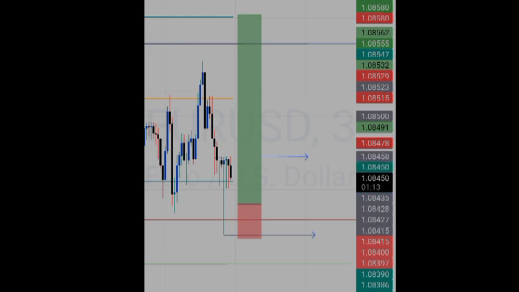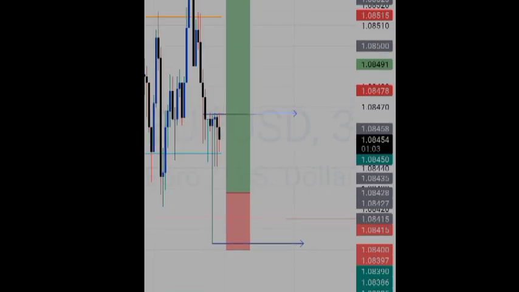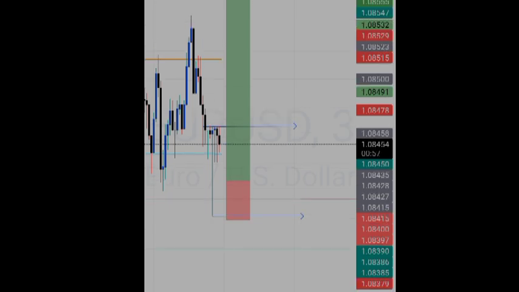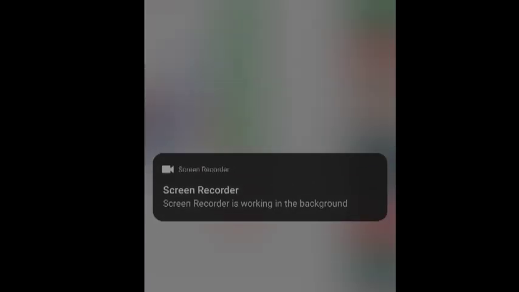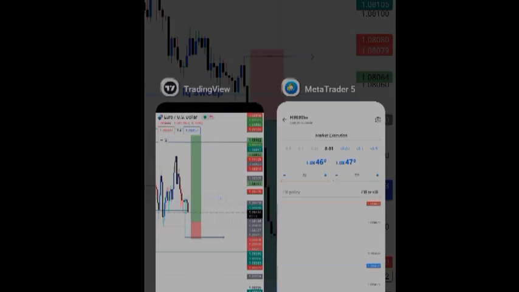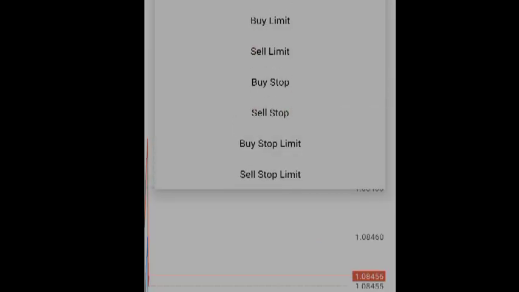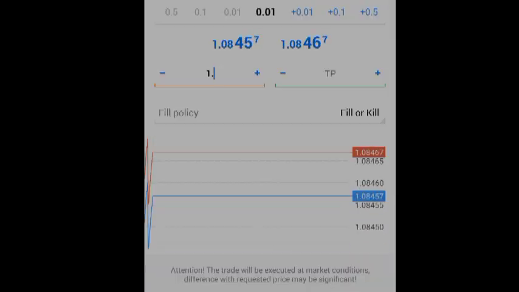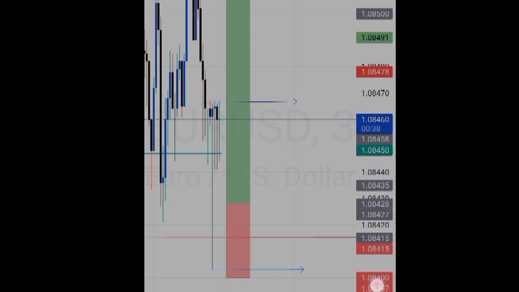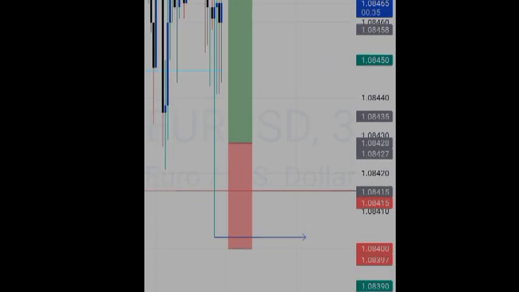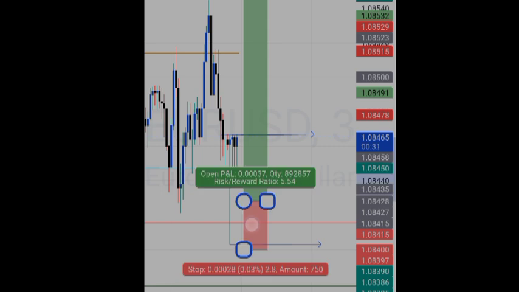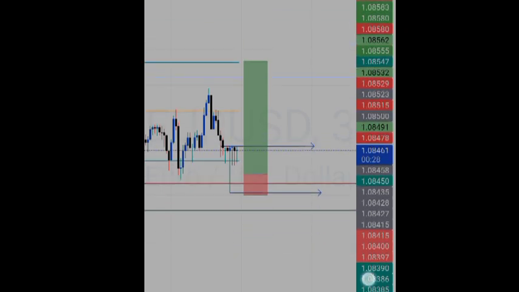If I was in my former demon self right now, I would have been tempted to buy, which I still am, but I want it to come at a very strong discount. At 1.08400, a very strong discount. So this is almost like 3 pip stops.